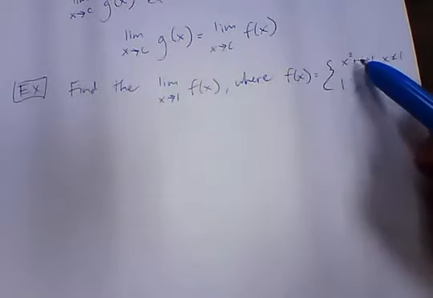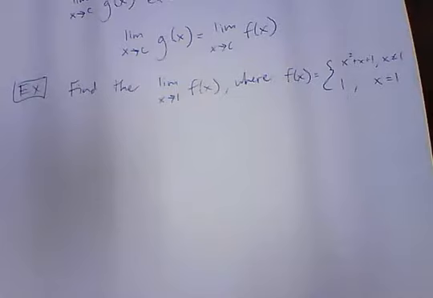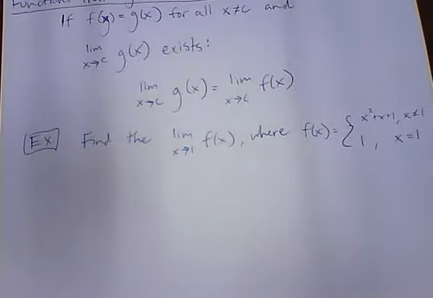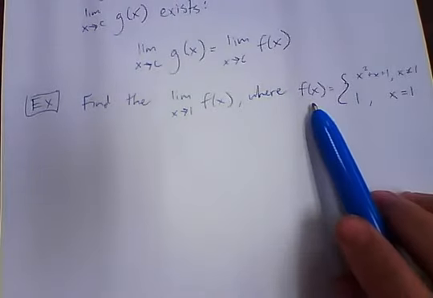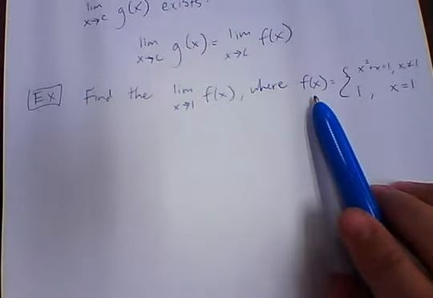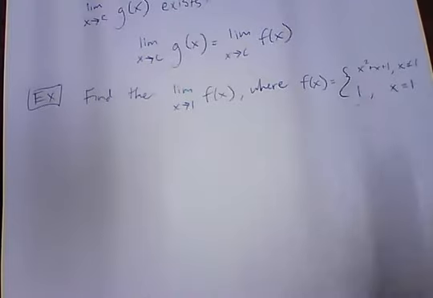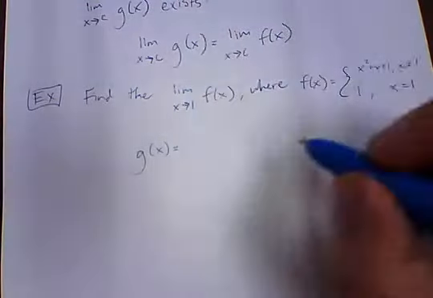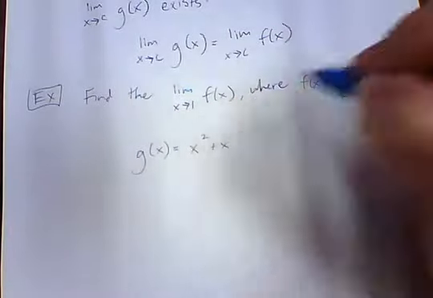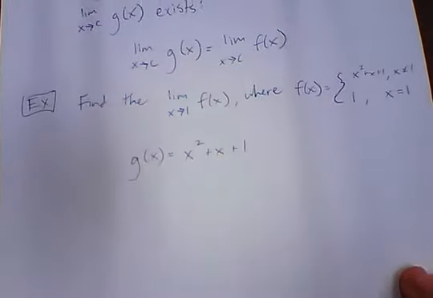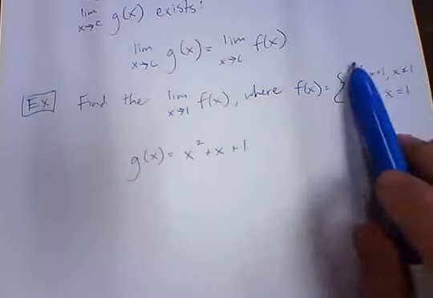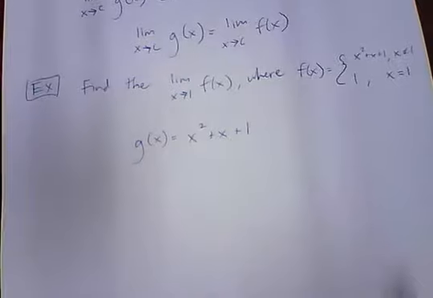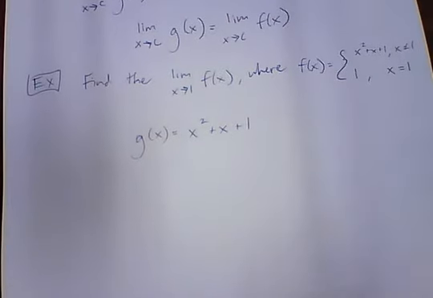Again, that says x squared plus x plus 1. Okay. So what we can do here, following this formula, we know we want to find another function that agrees with f of x for everything but one place. Just by looking at this, g of x could be made to be just x squared plus x plus 1. Because this function is exactly the same as this piecewise one, except where x is equal to 1.